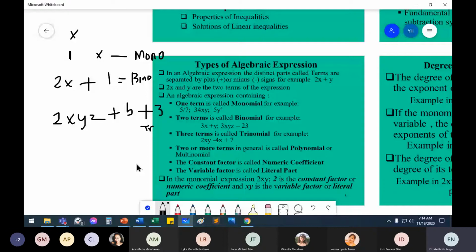Now, in terms of our studying and learning, if you are asked to define what type of expression is a two-termed algebraic expression, please do not say it's a polynomial. Why? Because we would not know whether you're referring to three-termed or four-termed. The fact that it has its own name, refer to it by its own name, which is binomial. Will you be wrong to say it's a polynomial? No, you are not wrong, but it's too general a term.